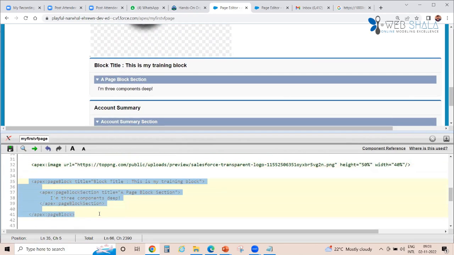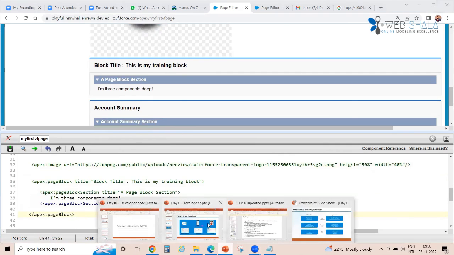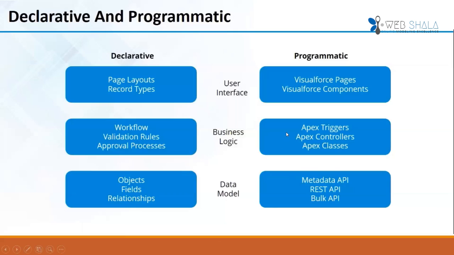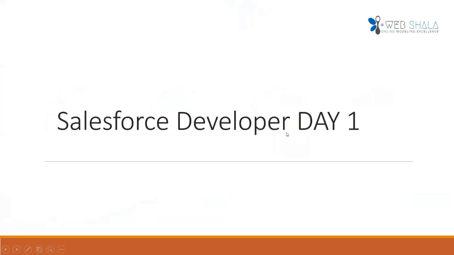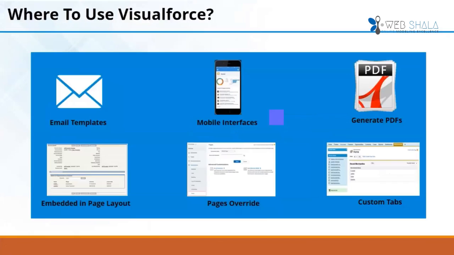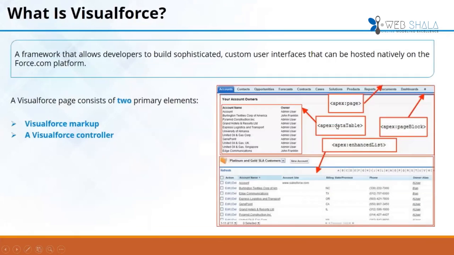So next is a page block. I told you yesterday when I was explaining on this page, we create a page block so that we can show things in the form of a block. Inside that, we can take any data table or enhanced list, anything.